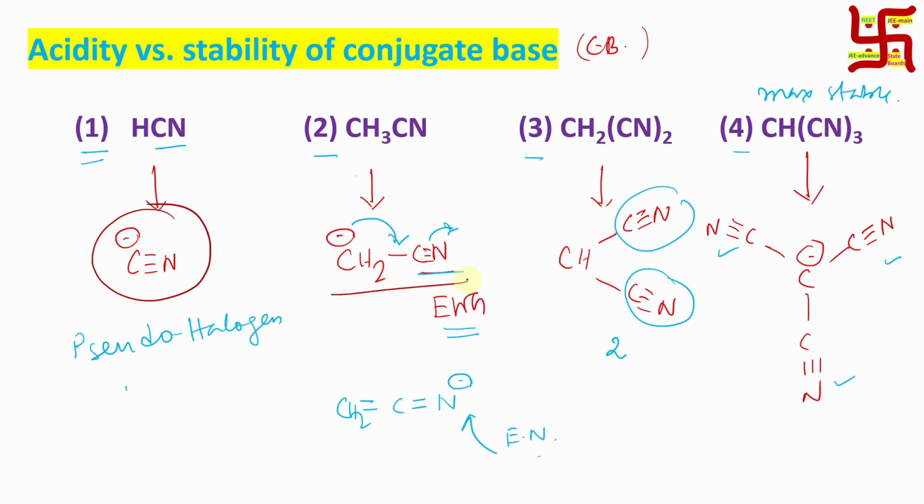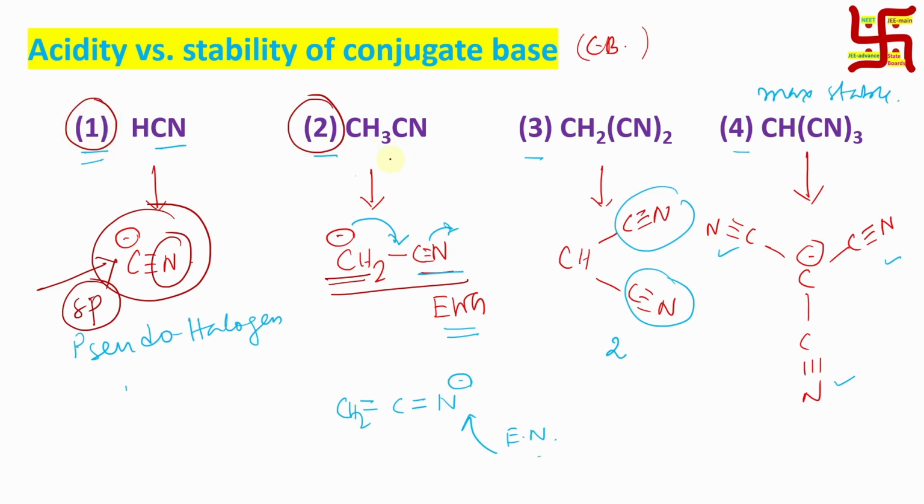Why? Because the negative charge is directly on this carbon, which is attached by a triple bond to the nitrogen, and it is sp hybridized, so more electronegative compared to this CH2. Remember, this is the actual explanation for why CH3CN is less acidic.